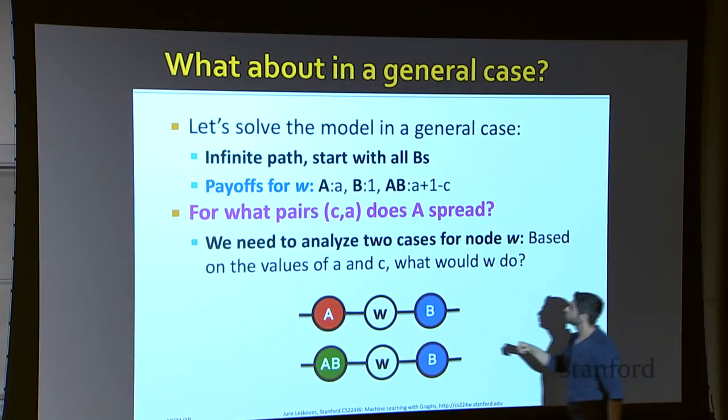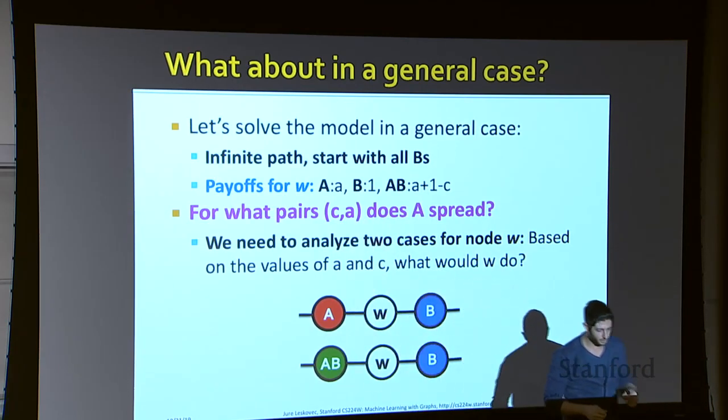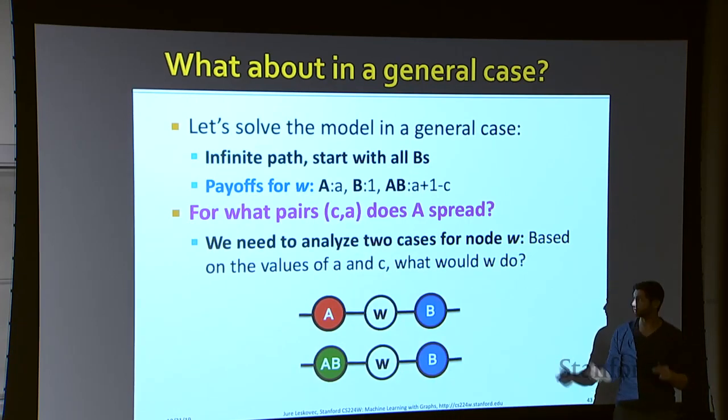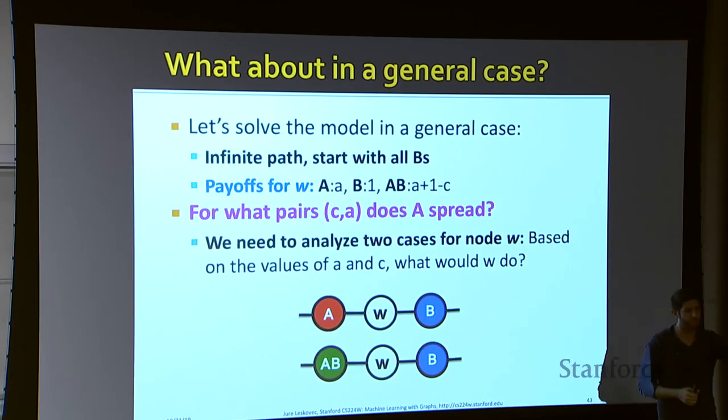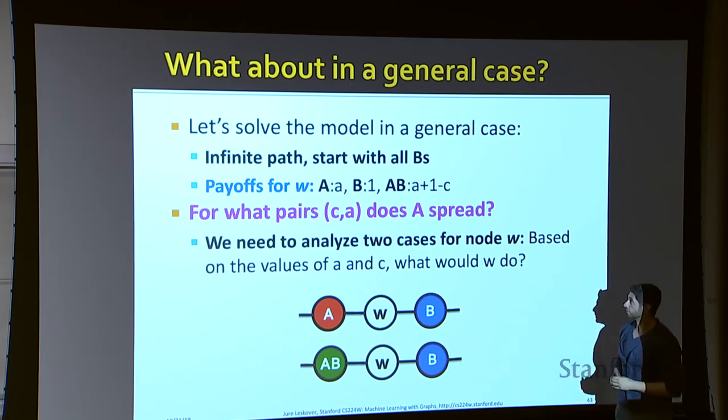And the reason why we can do this, if you think about it, is that payoffs can always be expressed in a proportional way. Okay, so if we fix B, then A can be 2 times B, 0.5 times B, and so forth. Okay, and fixing that value will help us find an analytical solution later on.